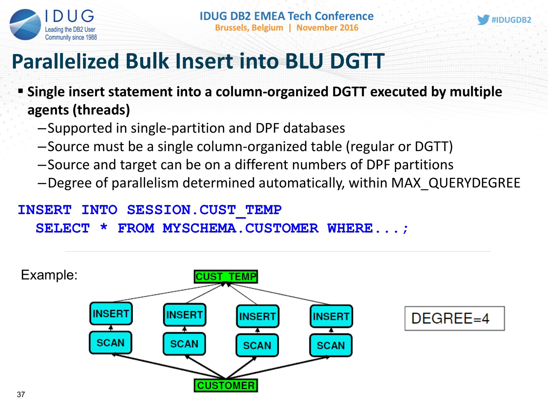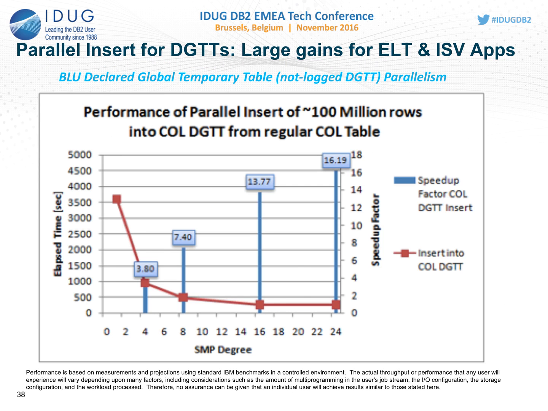And what you see here is the performance of such an insert from subselect with 100 million rows, so fairly large amount of data. And you see the elapsed time relative to the degree of parallelism that was used. So this is the elapsed time with no parallelism in Db2 10.5.